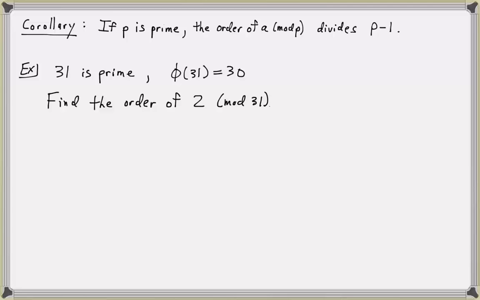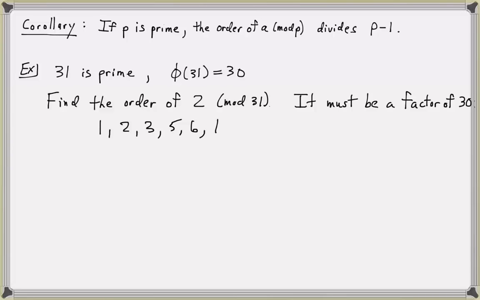Well, the order of 2 mod 31 must be a factor of 30. So let's list out the factors of 30. The factors of 30 are 1, 2, 3, 5, 6, 10, 15, and 30. So these are the only possible orders of any element mod 31.